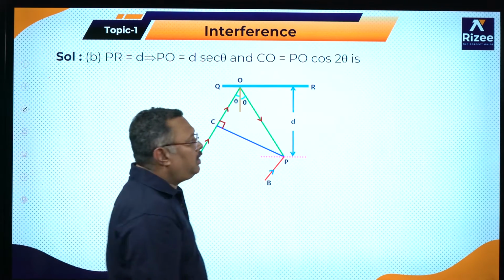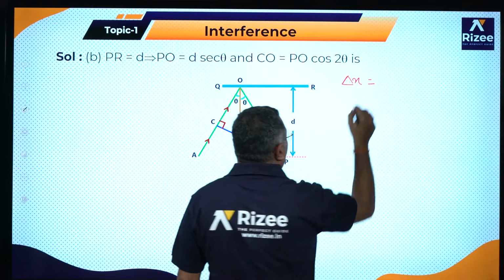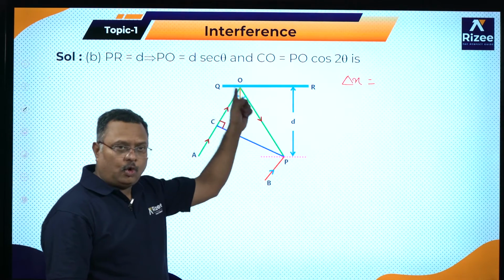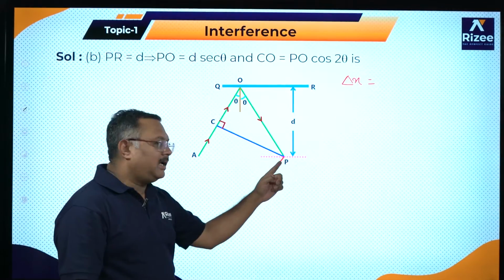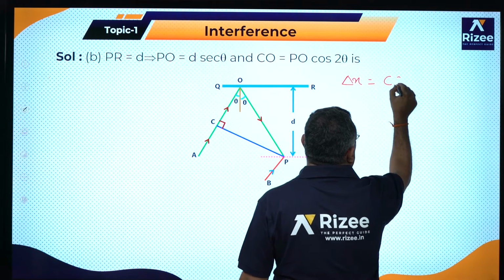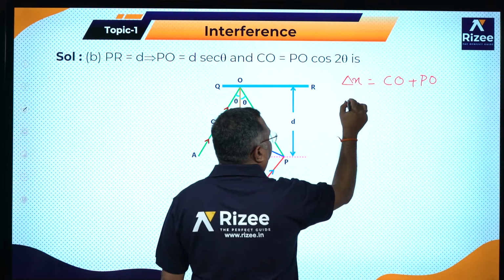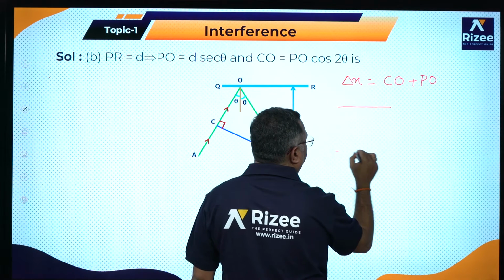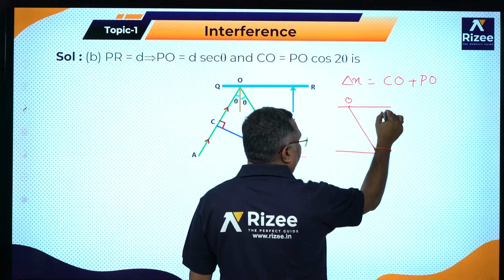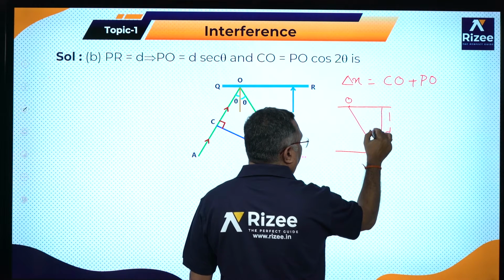Now we need to identify the path difference, that is delta x. What is the extra path traveled by the ray ACO to reach the point P than the other light ray BP? The extra path traveled is going to be CO plus PO. So we can identify the PO value. This is the point O and here is the point P. The distance between them is d, as given here, and this is your angle theta.